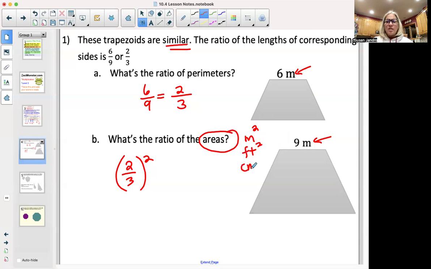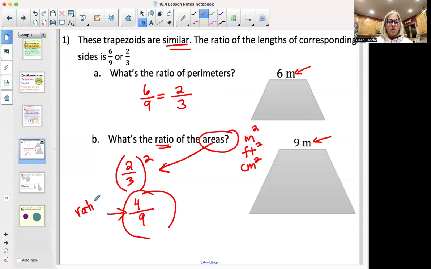If the label is centimeters and I find the area, it's centimeters squared. So the ratio of the areas makes sense that the scale factor ratio is squared. So my answer would be 2 squared is 4 over 3 squared is 9. That is the ratio of the areas.